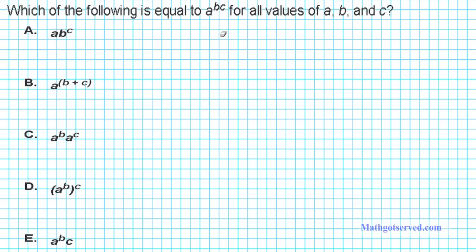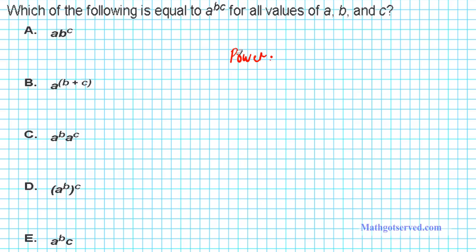So this problem is testing your understanding or recollection of the properties of exponents. Okay, so I'm going to go over the properties that are applicable to this particular problem. The first one I want to highlight is the power property.